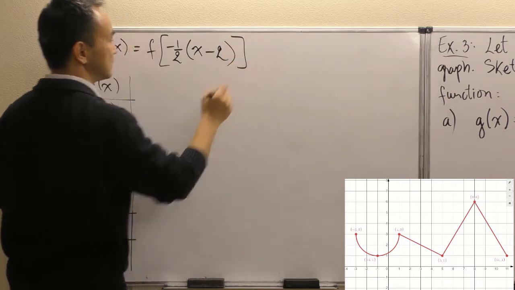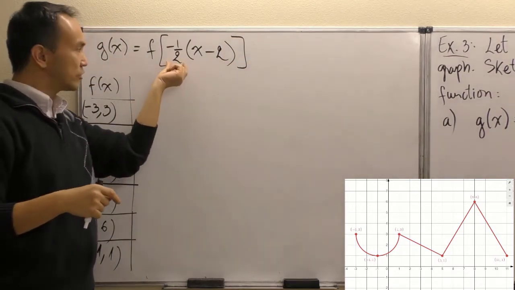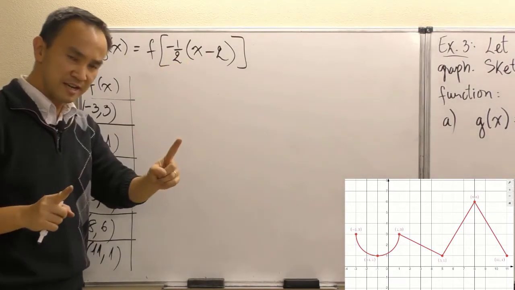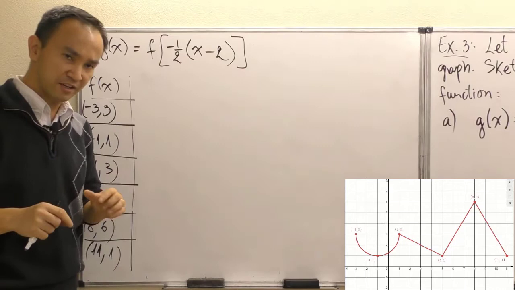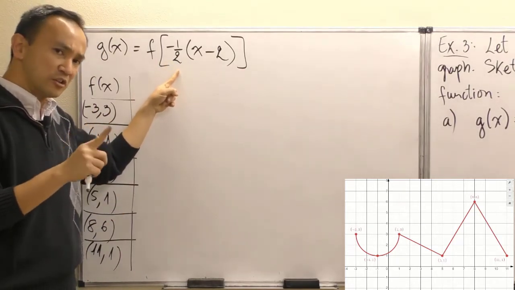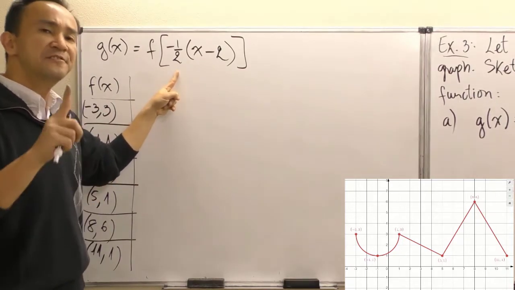As I said earlier, we are going to use this coefficient, this factor right here, to determine how much horizontal scaling we're going to have, and that value is responsible for the horizontal scaling. We will be doing horizontal scaling first.